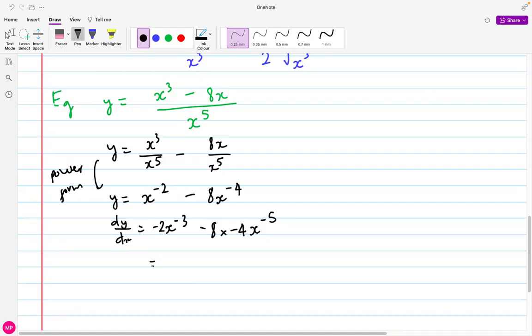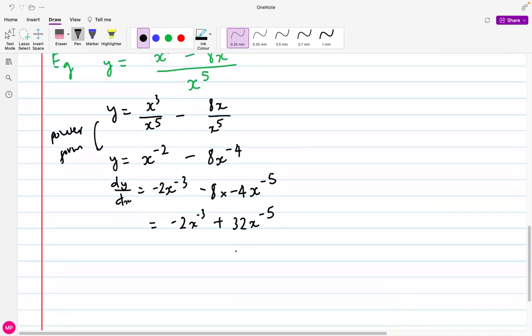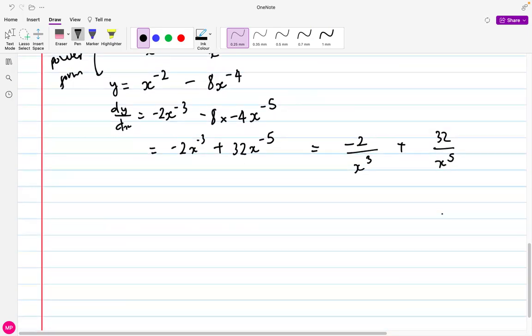Okay, then you have negative 2x to the negative 3, and then negative 4 times negative 8 is positive 32, x to the negative 5. You can leave your answer like that, or you can make it nicer by writing negative 2 on x cubed plus 32 on x5. Right?